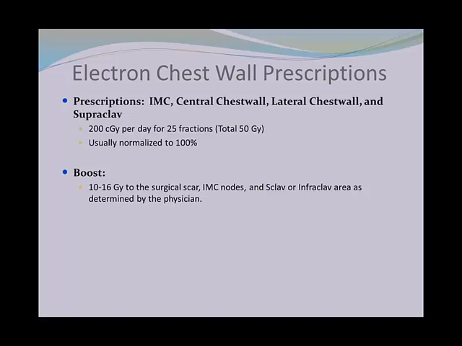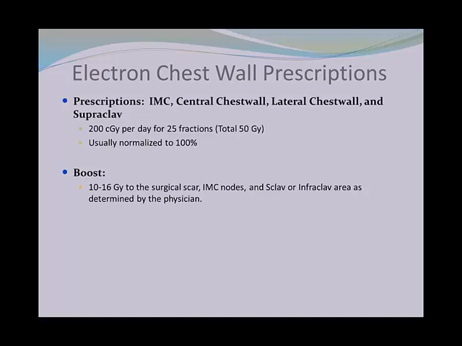So here is more of the transverse slides. You can see here we have a nice coverage. It covers right above the ribs. We don't have that much dose going into the lung.